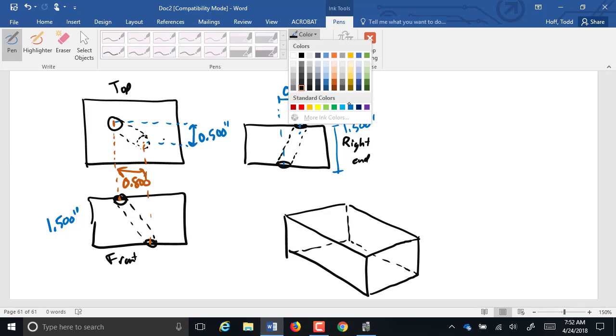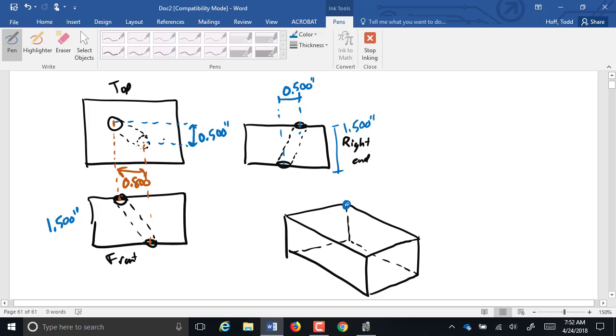So if I draw out this box, obviously my hole goes from here to here. That's my bore. What is this dimension right here? I'll warn you, I'm way out of scale here. There you go, 0.8.